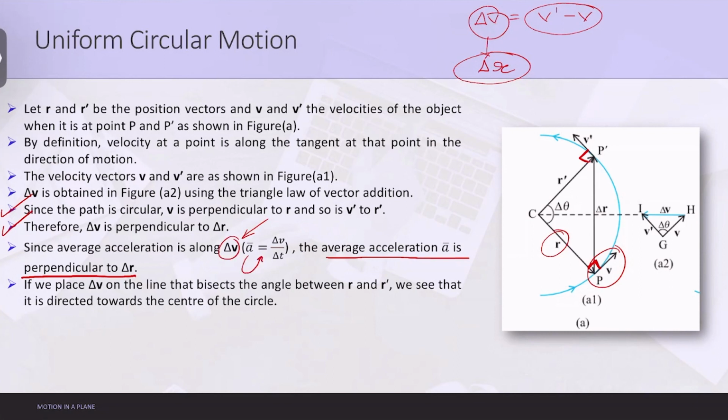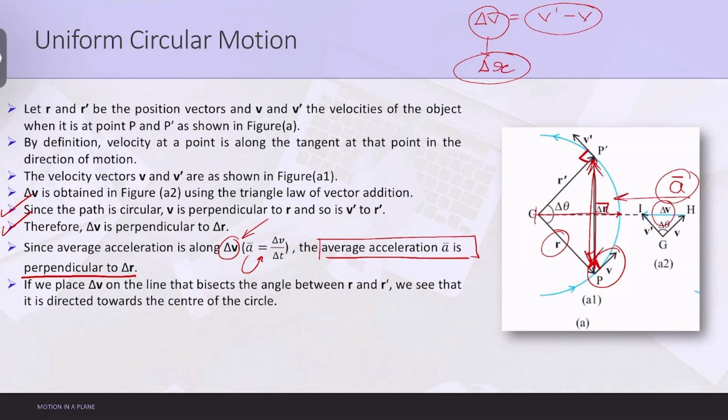Delta a bar is equal to delta V by delta t, so we can say that average acceleration has a direction which is perpendicular to delta r. So because delta r is in this form here, as you can see, it is perpendicular to it, and this is the direction of a.